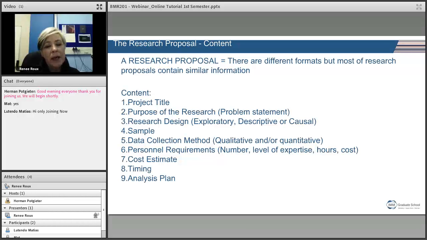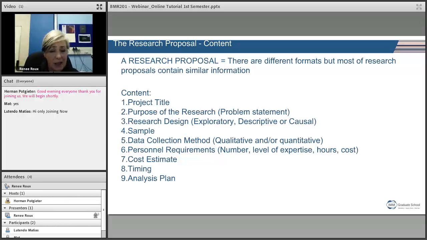So what is the content of a research proposal? If you search on the web for templates, you will get various templates. They all differ, but there are core elements that are critical and similar, no matter what template you use.